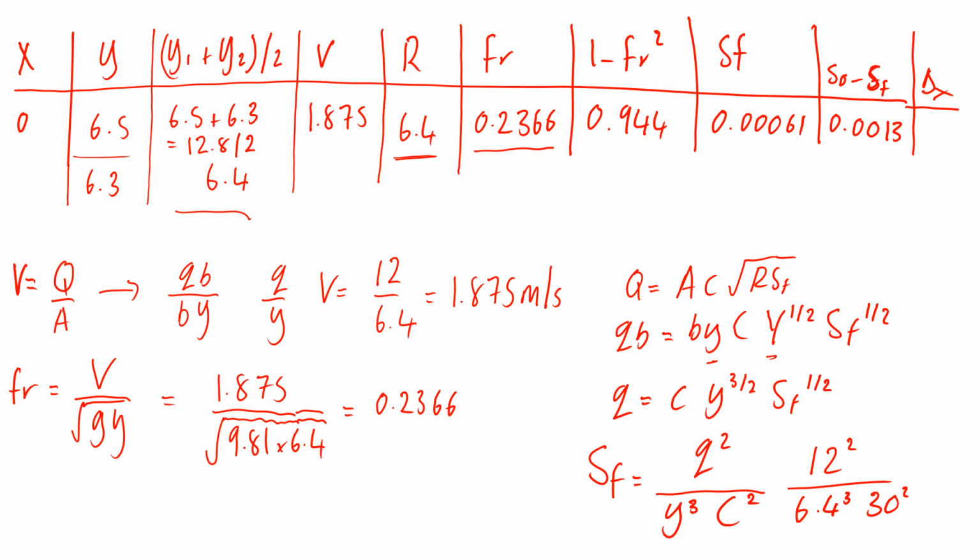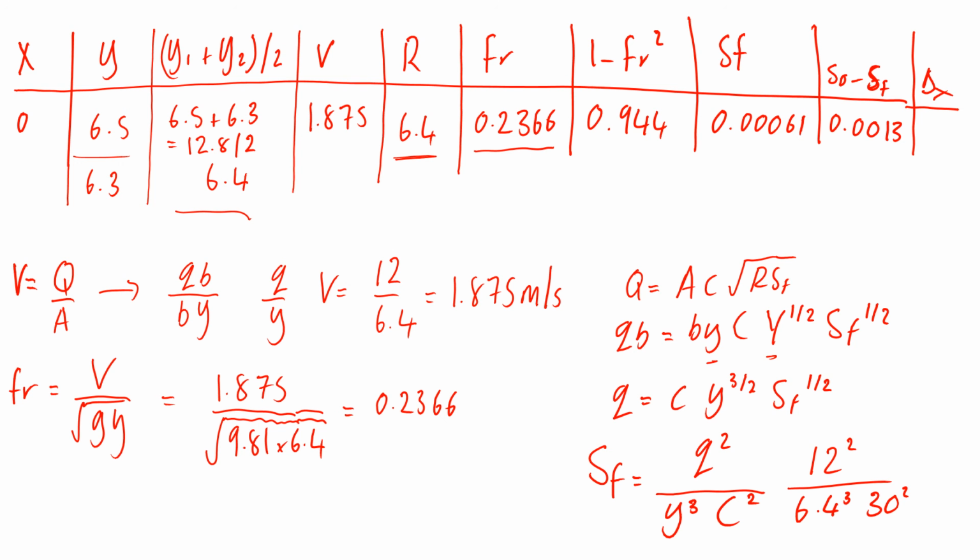There are various different ways to do the integration method, and most of them are to make the final answer more accurate. So sometimes in questions you've seen where we've taken a mean value of S_f, or a mean value of 1 minus F_r squared, that's only just to make the solution more accurate.